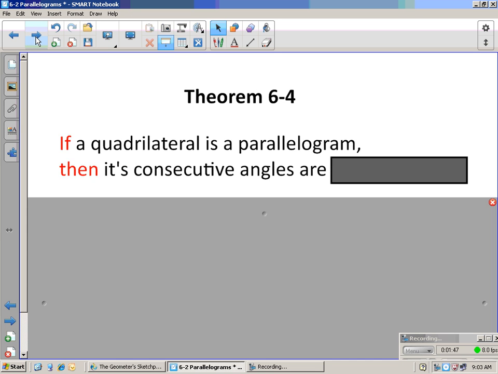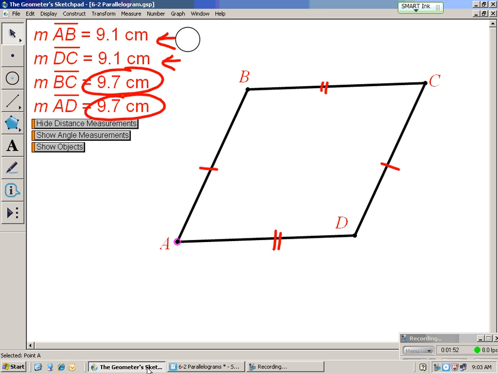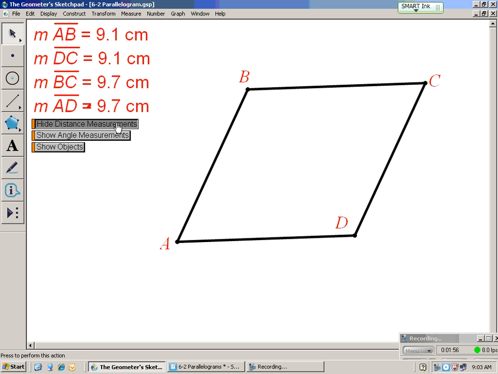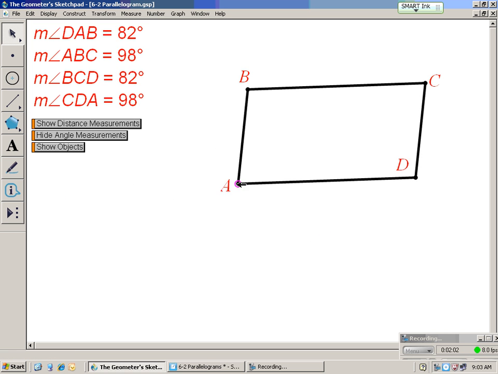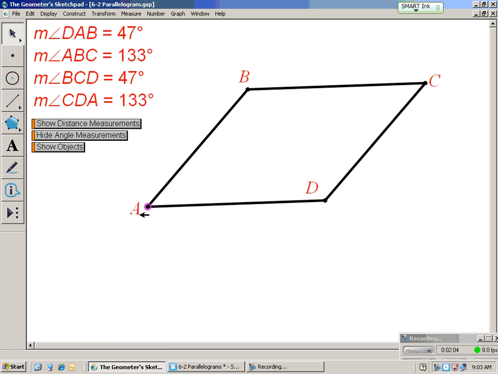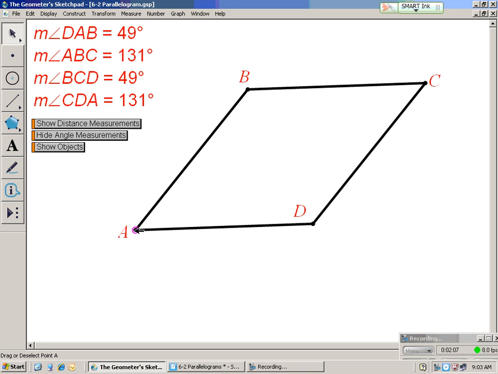Okay, the next 2 are about the angles. So let's go back to our Geometry Sketchpad file, and we'll look at the angles. What you'll notice is that angle A and angle C are congruent, and angle B and angle D are congruent.